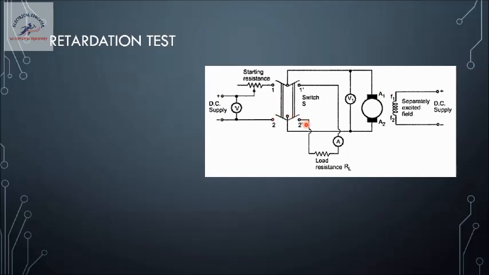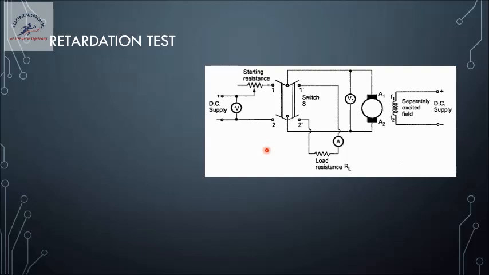So understand the significance here. This is a separately excited DC motor. We are switching off the supply given to the armature by opening the switch. So if we open the switch, then the motor speed drops and eventually the motor comes to rest. So we observe the rate of change of speed, that is the deceleration, and thus we find out what the rotational losses are.